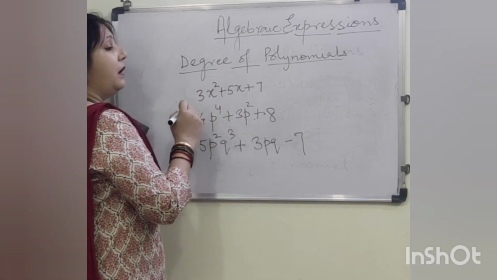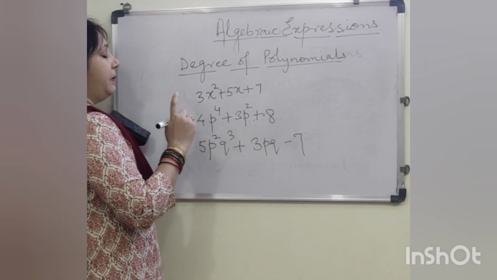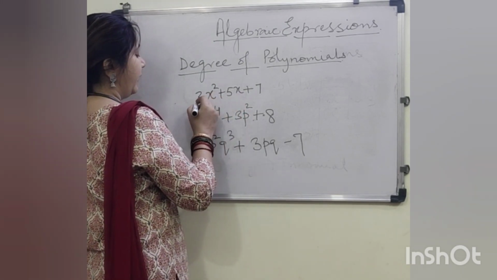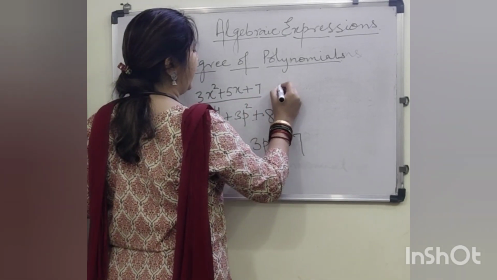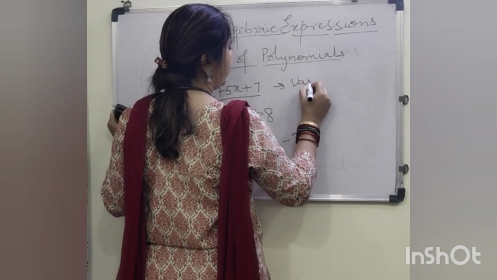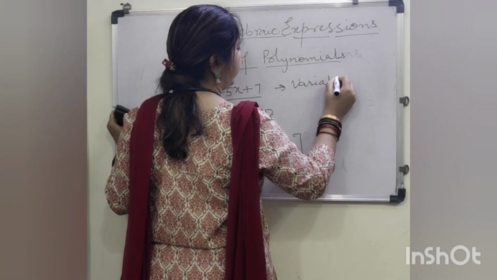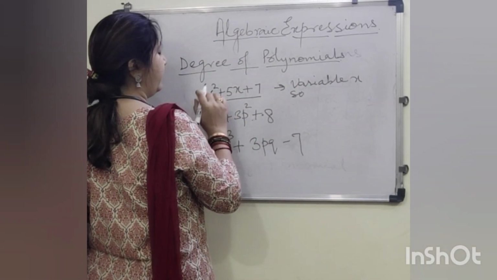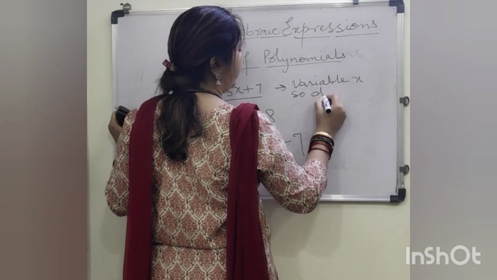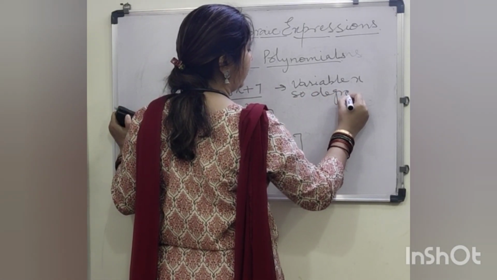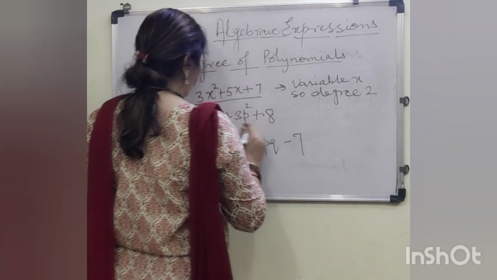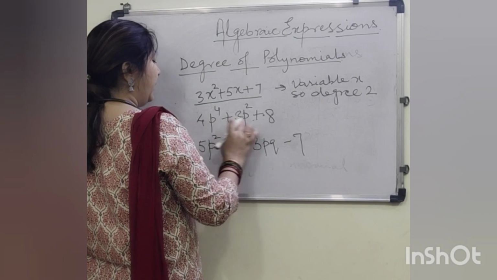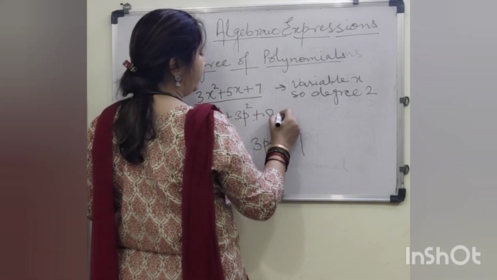Degree is the highest power of the variable. For whichever variable it is written, like this one is written for variable x. So the highest power of x is x square. So degree will be 2. This expression is written for p and the highest power of p is 4.